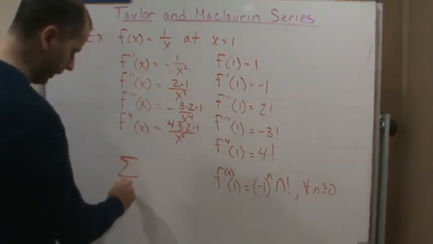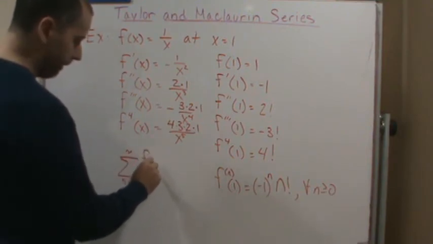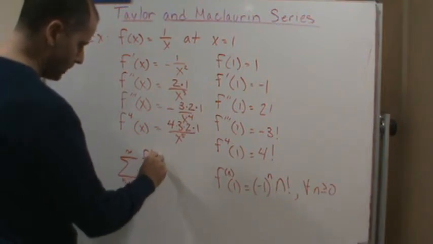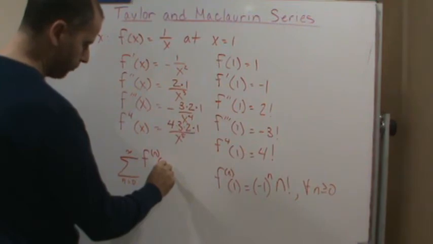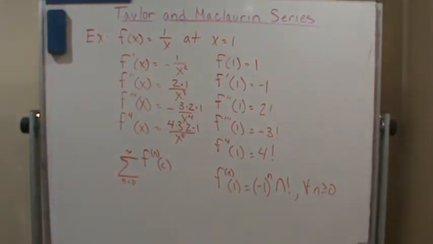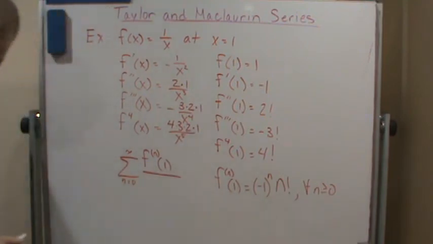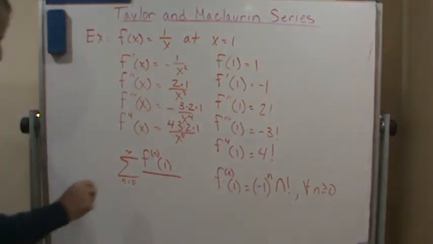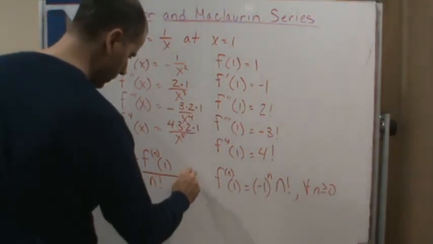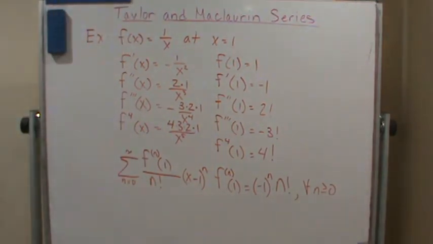It's going to be equal to the sum from n equals 0 to infinity of f to the nth of 1, we want to use 1 here, times 1 over n factorial times x minus 1 to the nth power.